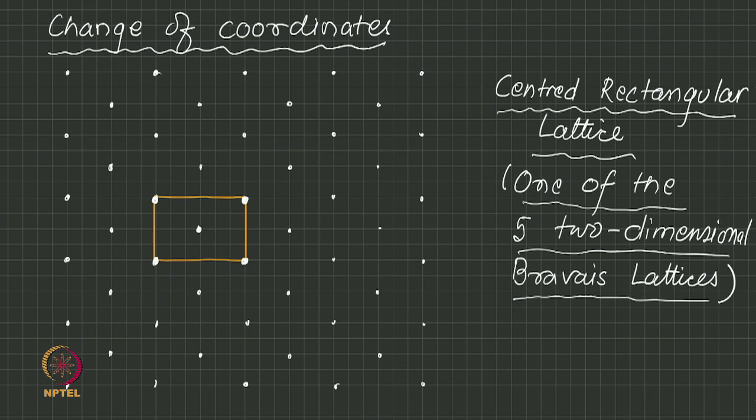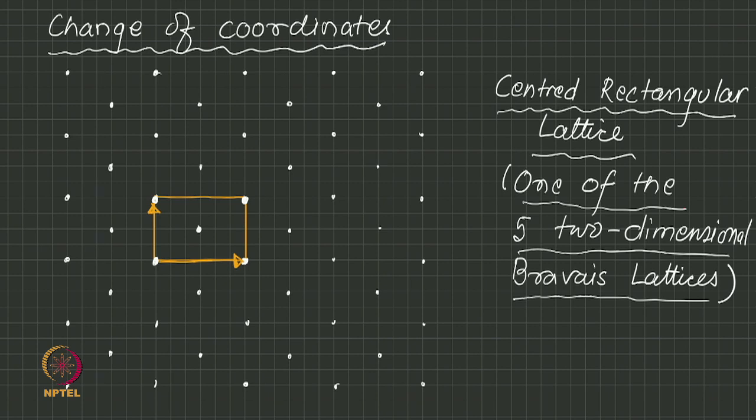Now, obviously, if this is the unit cell, the corresponding crystallographic coordinate system for this will be the edges of the unit cell, and this is the so called conventional unit cell of this lattice.